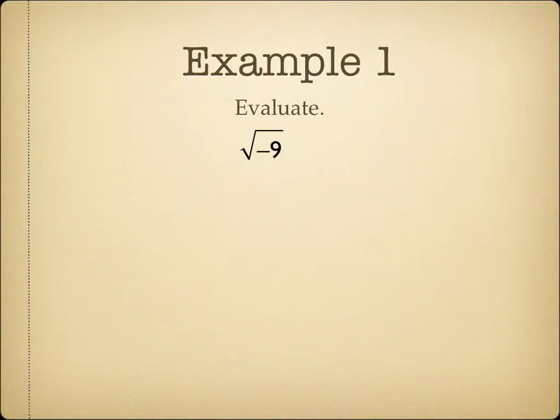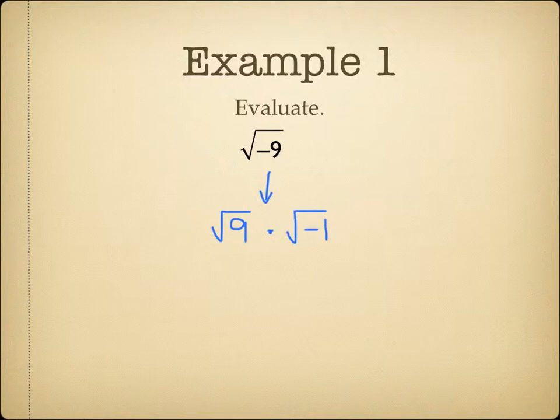Let's say I have the square root of negative 9. Okay? Well, I could take that square root of negative 9 and write it as the square root of positive 9 times the square root of negative 1. Do you agree with me?